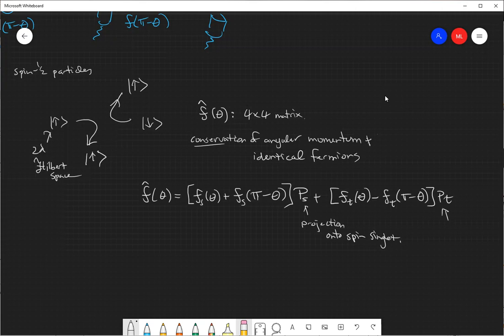And this would be multiplied by the 4x4 matrix corresponding to the projection onto the triplet state. The triplet has three states, whereas there's a single spin singlet, because that's spin 0. And of course, there's 3 states corresponding to the triplet state. So it's a projection onto the portion of your Hilbert space that corresponds to the spin triplet states.